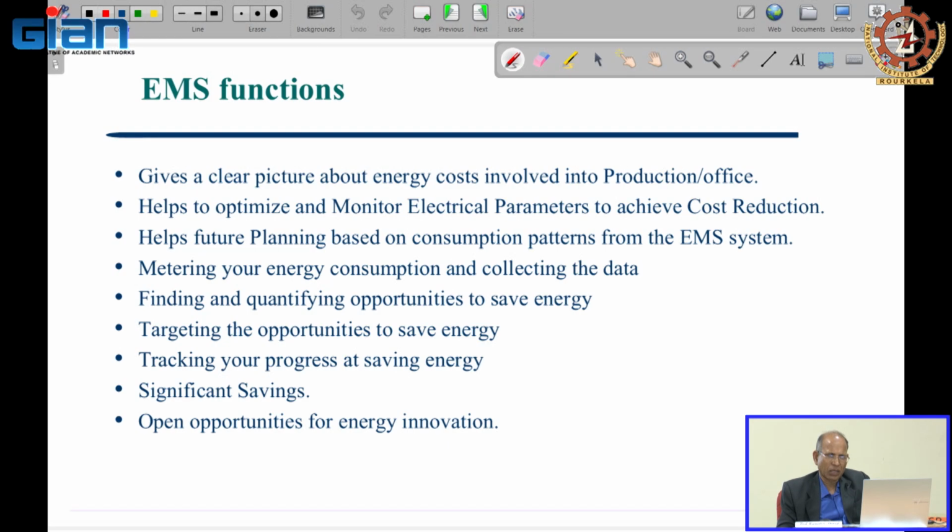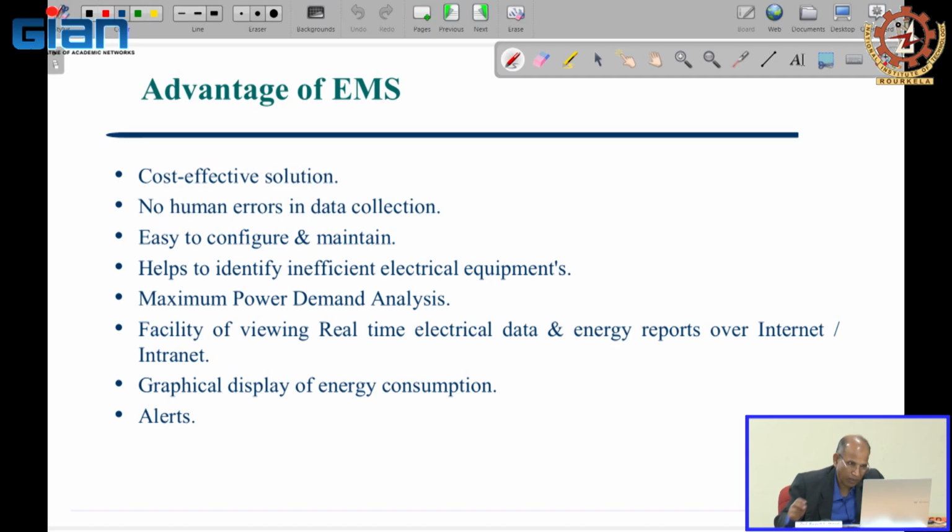So basically, overall it is quite an intelligent platform, this energy management system, that is what it can do.